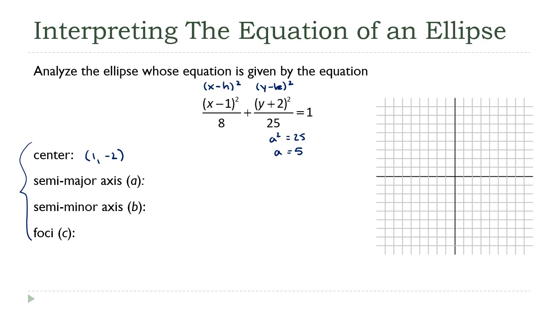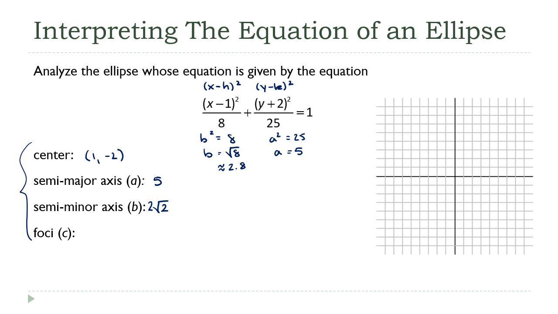Then to get b, b squared is equal to the smaller number, that's 8, which means b is the square root of 8, that's 2 times the square root of 2. So this is approximately 2.8. Let me put that on my list over here. There we go, 2 square roots of 2, that's the square root of 8.